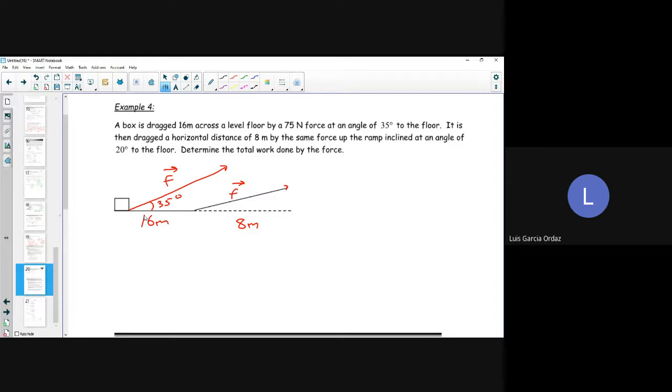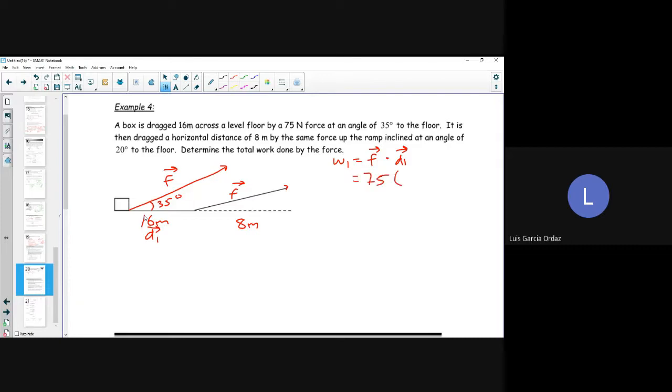So I need to determine two types of work. The total work is from the first 16 meters and then from the 8 meters that was done after. My first work is going to be the magnitude of F dot product the magnitude of distance 1, which is 16. So I know my force is 75 newtons.